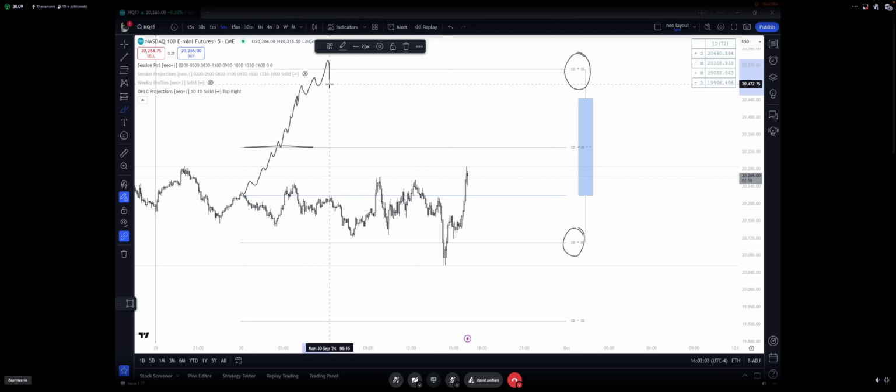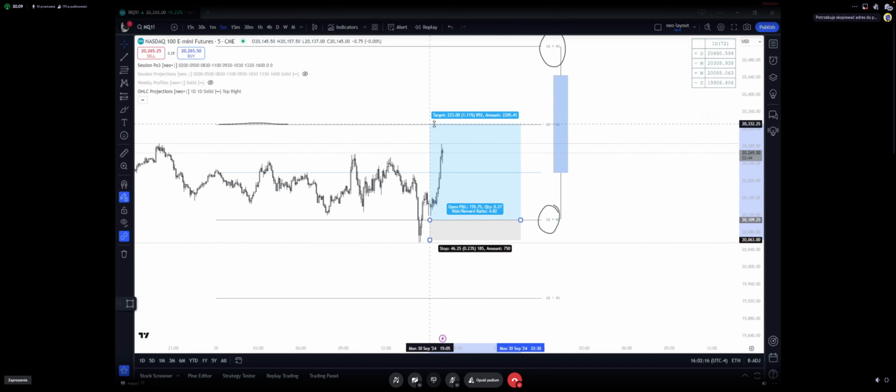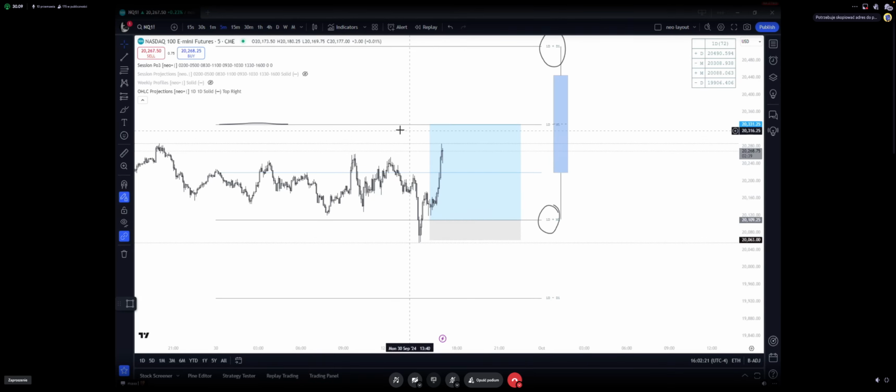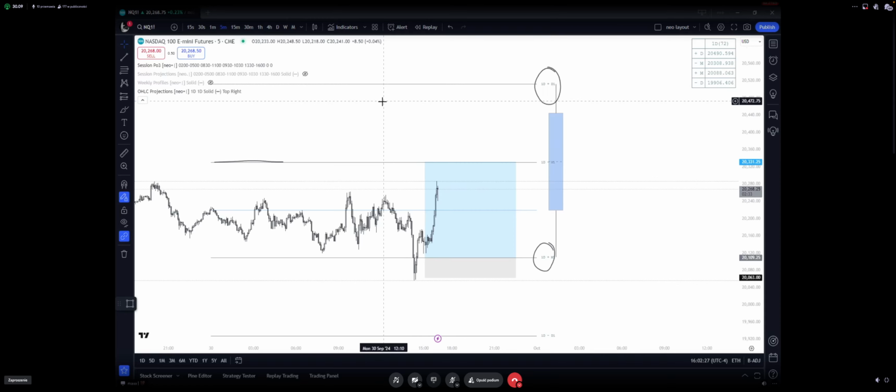But also what you can do with the distribution is use it as a take profit level. Let's say you shorted from here, then your take profit can be up here, or as a low hanging fruit target, it could be at the opposing manipulation level. You can also use it as an understanding that usually when you have a candle, it's not going to distribute much farther than this average distribution level.